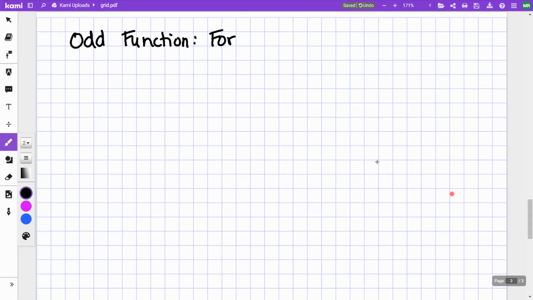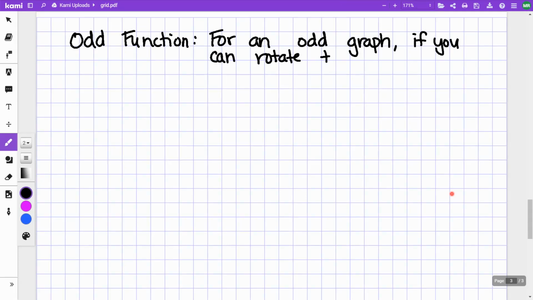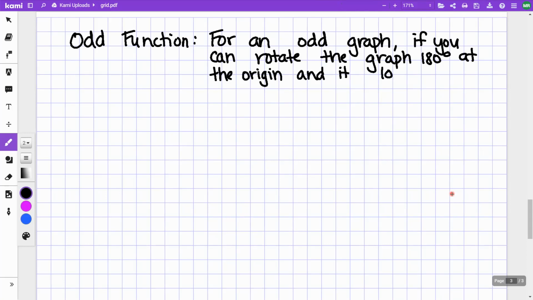For an odd graph, if you can rotate the graph 180 degrees at the origin, and it looks the same, it is an odd function.